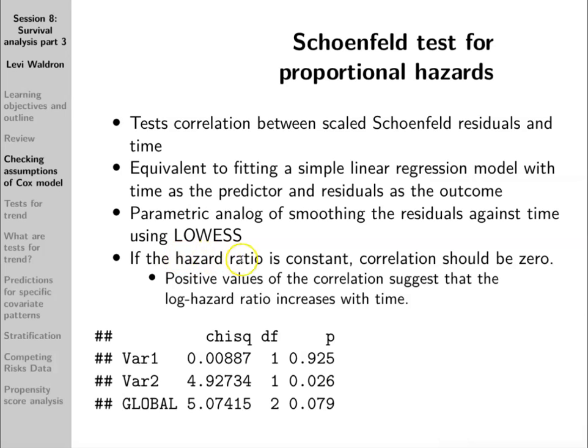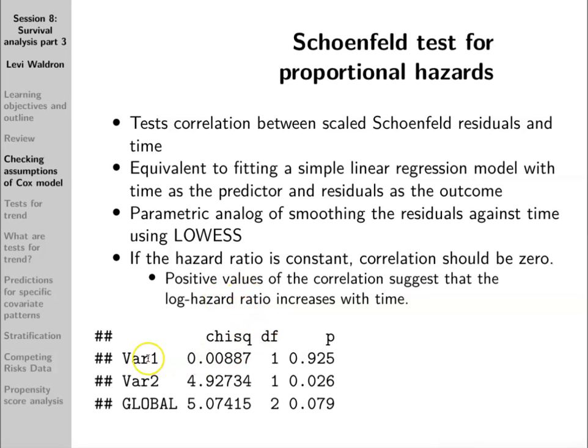And if the hazard ratio is constant, this correlation between time and the residuals should be 0. If there were positive values, then it would suggest that the log hazard ratio for a particular coefficient is increasing with time. A negative value means that its effect is decreasing over time.